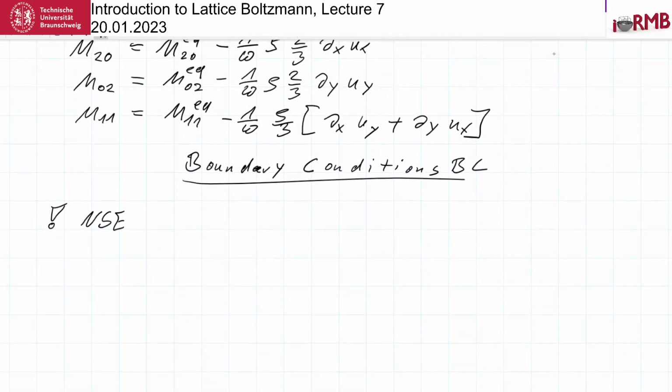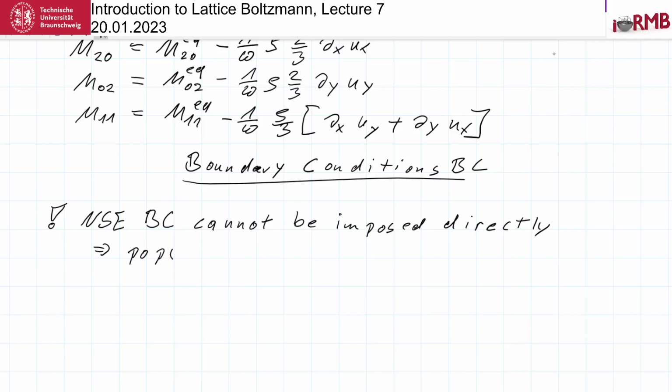The Navier-Stokes boundary conditions cannot be set directly because here we don't have to set the velocity and the pressure, but we have to impose boundary conditions at our populations. So the populations have to be imposed, and they of course have a different meaning than velocity and pressure, right?